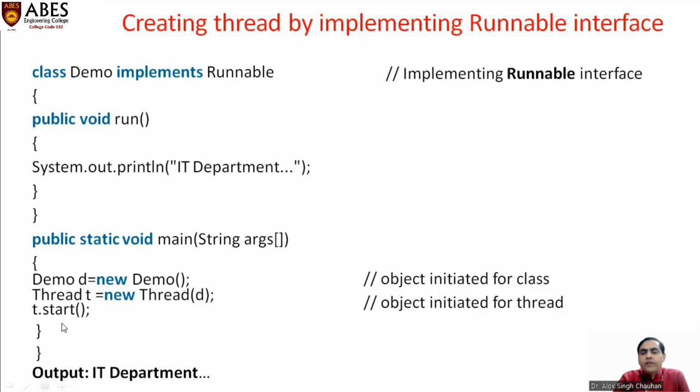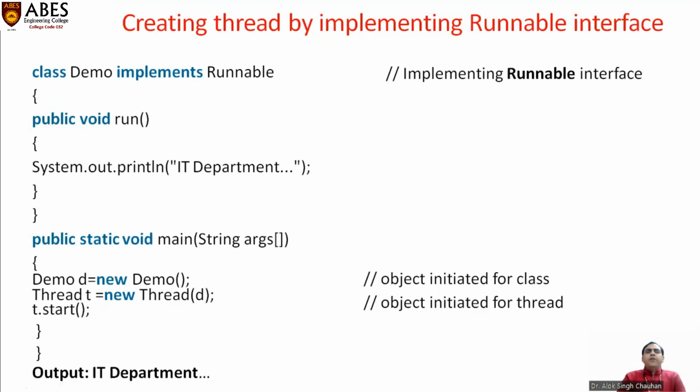The output will be the same, but there are two differences when implementing the Runnable interface. First, instead of extends, we write implements Runnable, and we have to make a Thread class object for running the Runnable interface program.